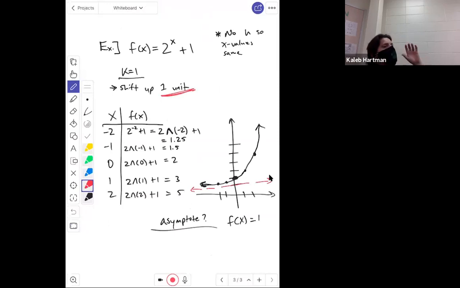And again, I'm not going to always ask where the asymptote is. That's something we need to start considering, because as we get to rational functions, we're going to have asymptotes everywhere, and it's good to have an understanding of what an asymptote is. Questions on this example? Mason?